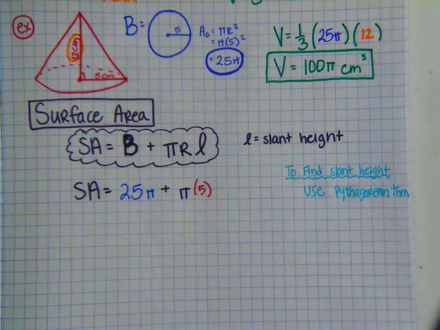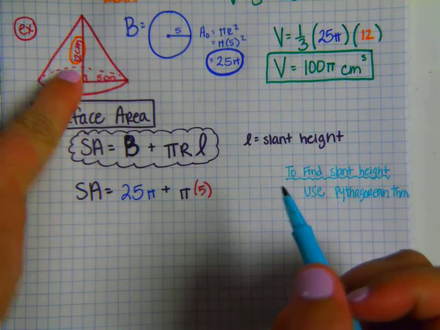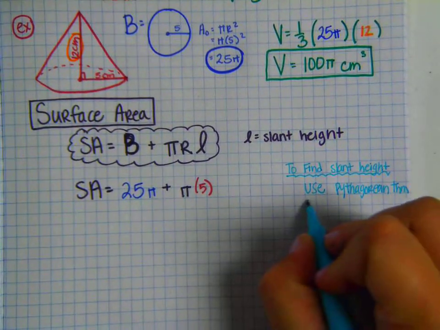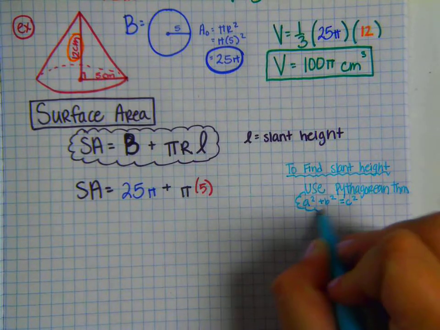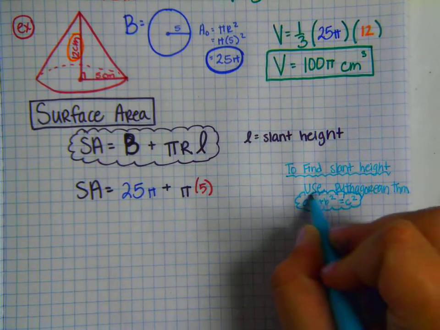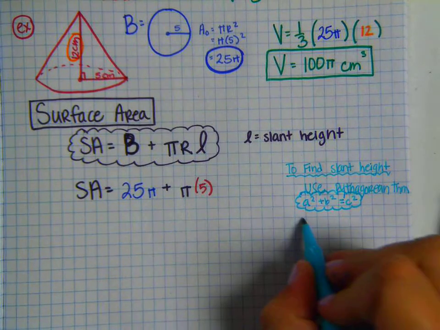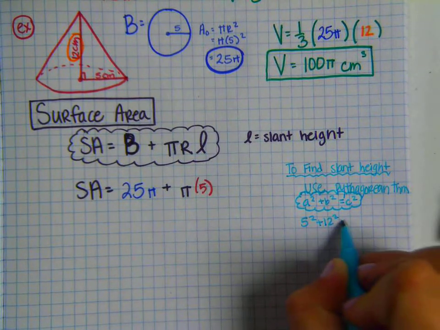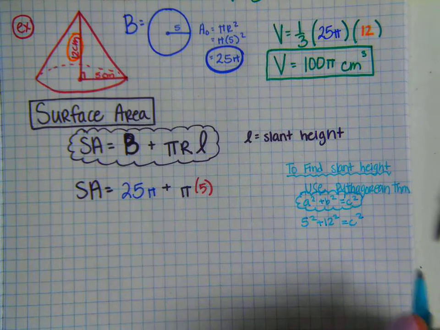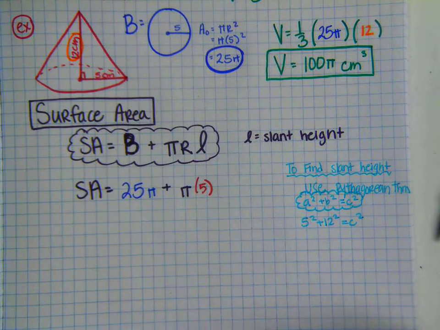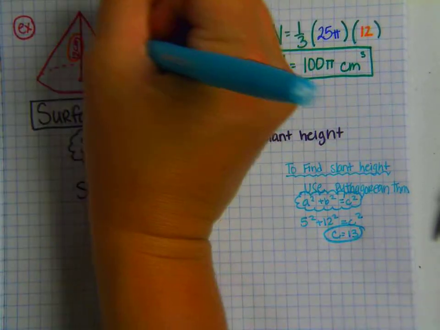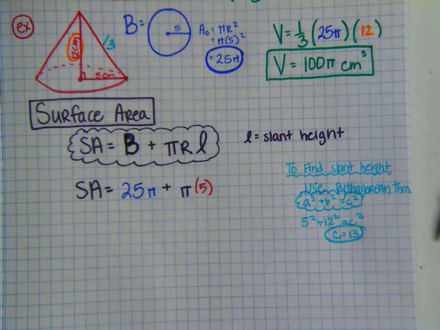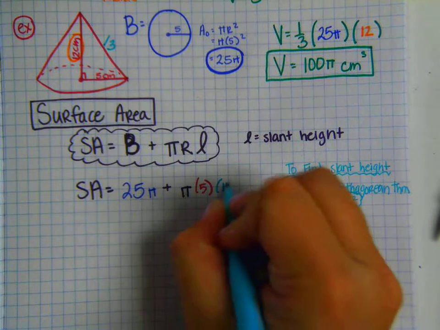Okay, so a squared plus b squared equals c squared. So in this case, we'll have 5 squared plus 12 squared equals c squared. And then when you solve that, what is going to be slant height? C will end up being 13. So let's write that up here. That's our slant height. So times 13.